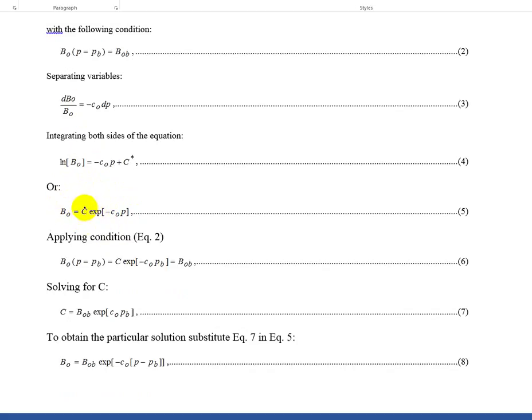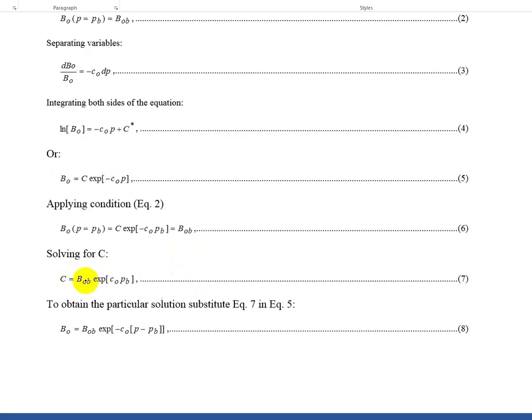To obtain the value of this constant of integration, we have to apply the condition defined by equation 2. So when you evaluate this equation at the bubble pressure, you end up with BOB, right?